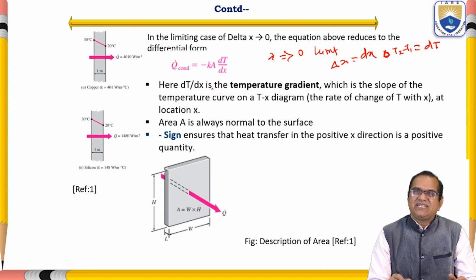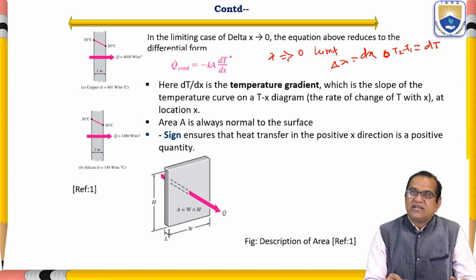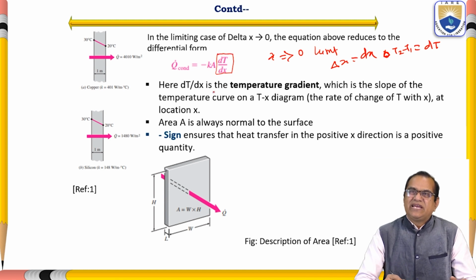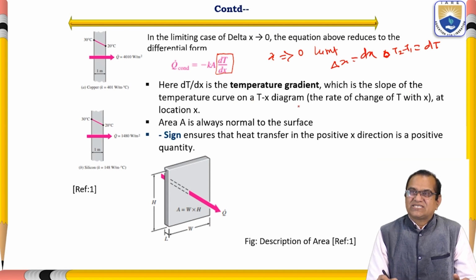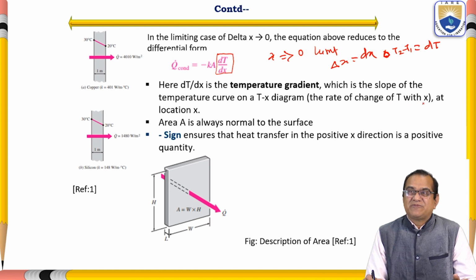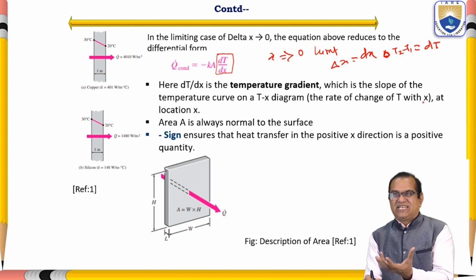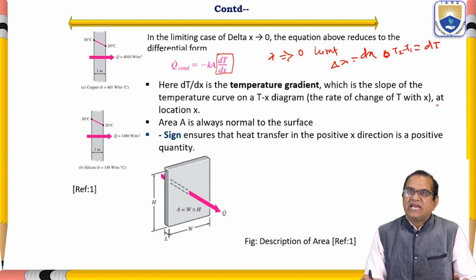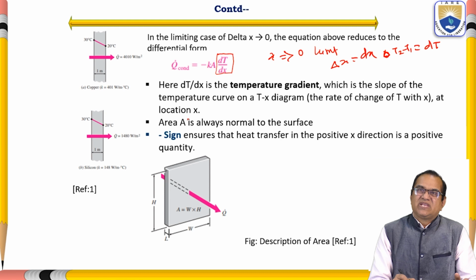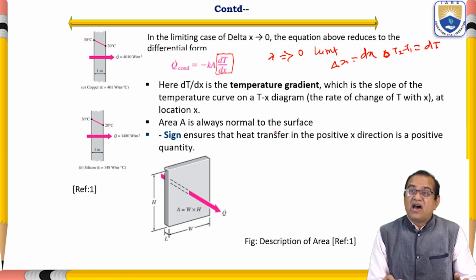Here this dT by dX is the temperature gradient, which is the slope of the temperature curve on the T-X diagram, the rate of change of temperature with respect to X. X is the thickness, and this is the temperature gradient at location X. Here area A is always normal to the surface.